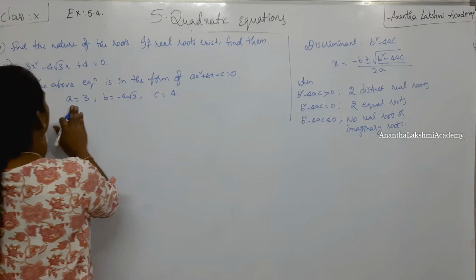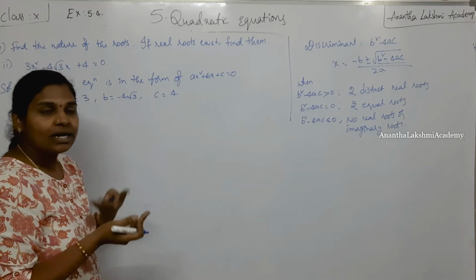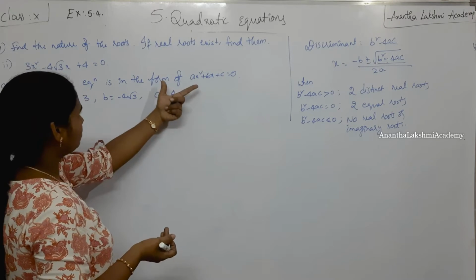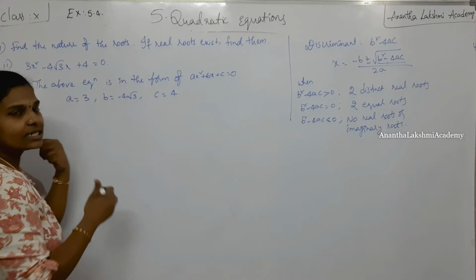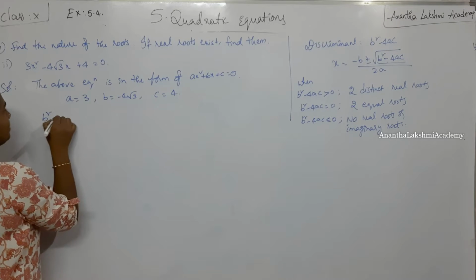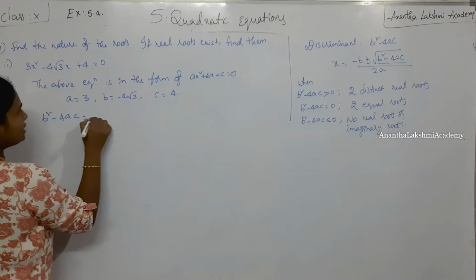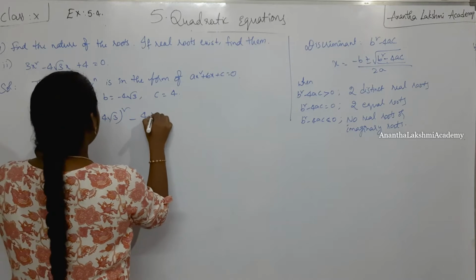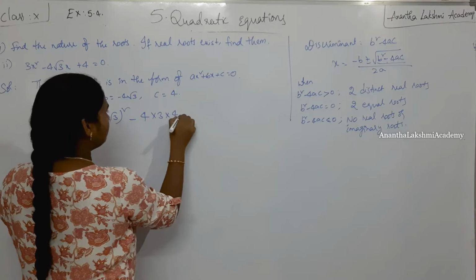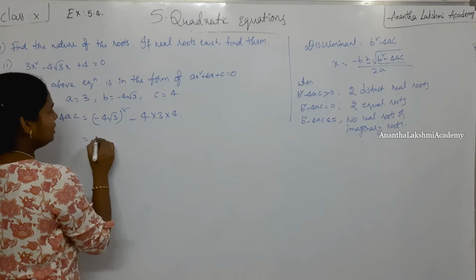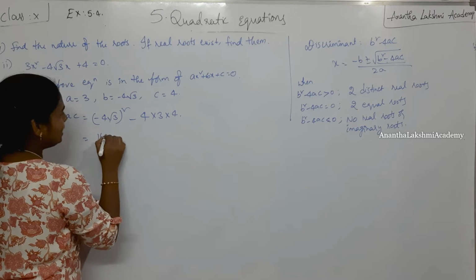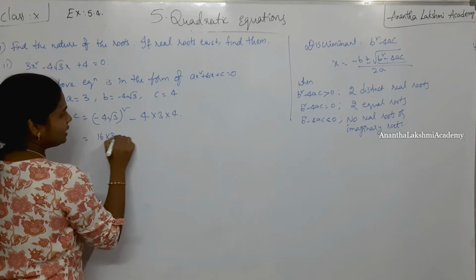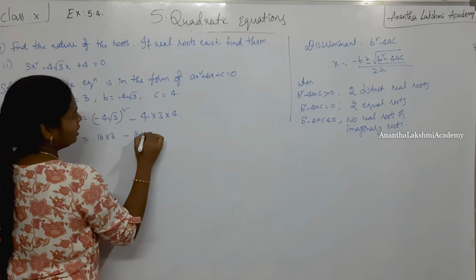Alright, now depending upon what are we going to predict the nature of the roots? The discriminant. Discriminant is nothing but b square minus 4ac, which is equal to minus 4 root 3 whole square minus 4 into 3 into 4. So 4 fours are 16 into root 3 square is 3, minus 4 into 3 into 4 is 48.